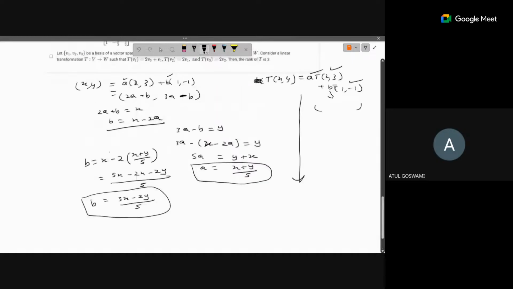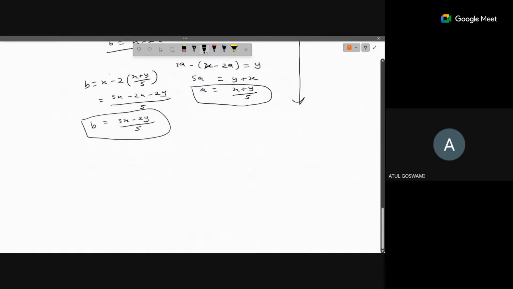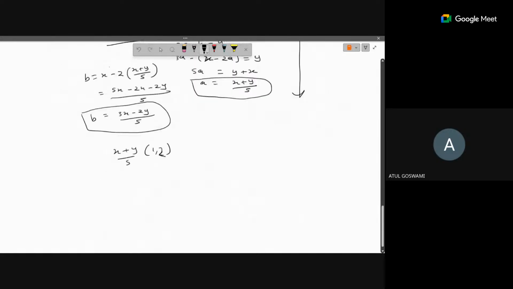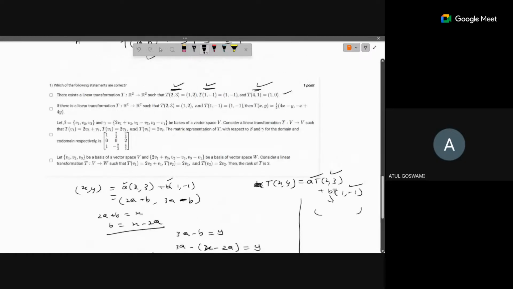Now I have a and b, and T of (2, 3) is given, which is (1, 2). So (x plus y) divided by 5 times (1, 2), and second is (3x minus 2y) upon 5 times T of (1, -1), which is (1, -1) itself.